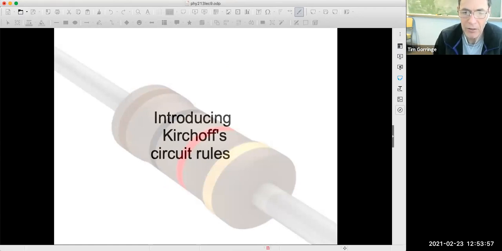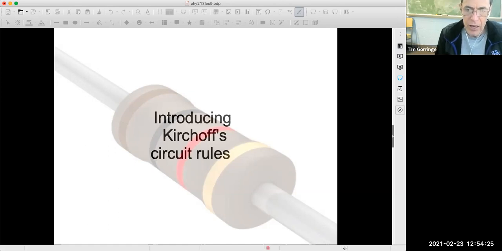Final topic on these sort of more complicated circuits is what's called Kirchhoff's circuit rules. These are laws about currents and voltages in circuits that, like the equivalent resistance concept, help us understand and solve electrical circuits.